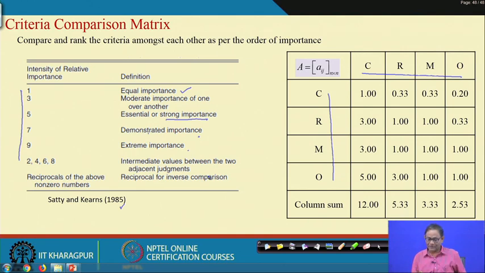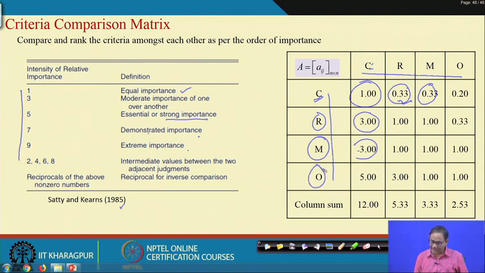For example, cost versus cost, the same thing, it will be 1. Now, cost versus reliability is 0.33. What is this? That means reliability is 3 times more important than cost, so the reciprocal is 0.33. Similarly, maintainability is 3 times more important than cost, reciprocal 0.33.